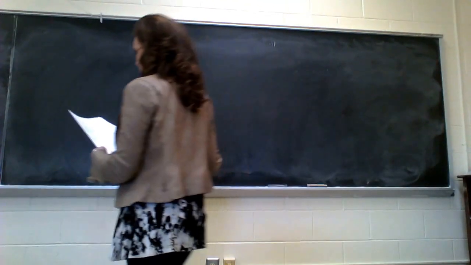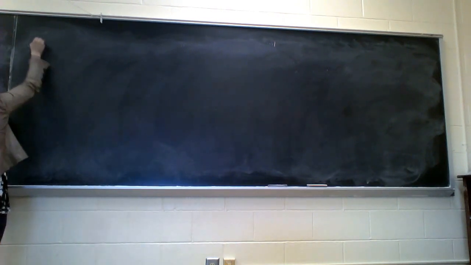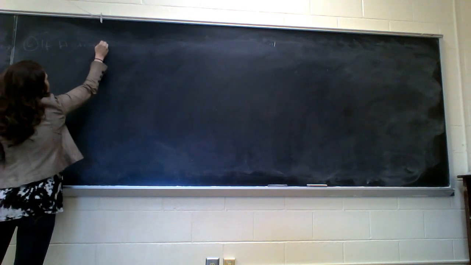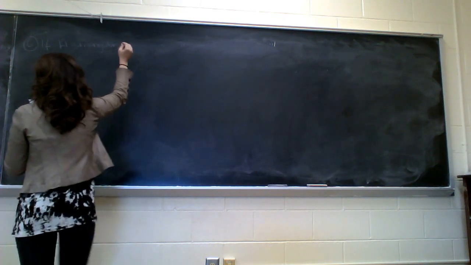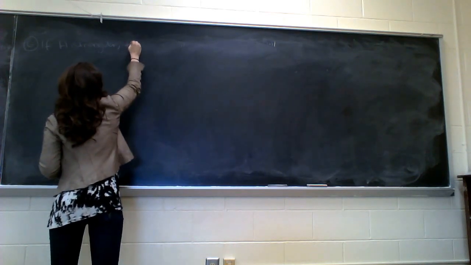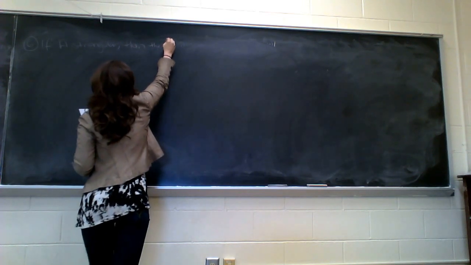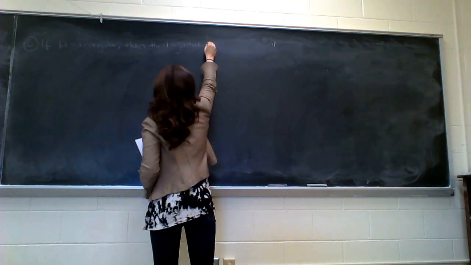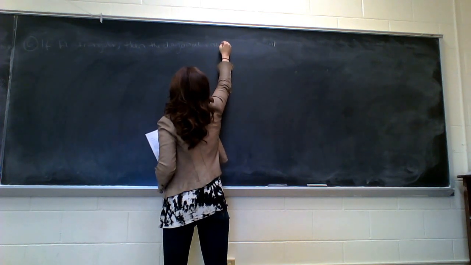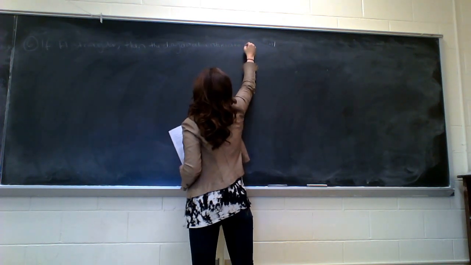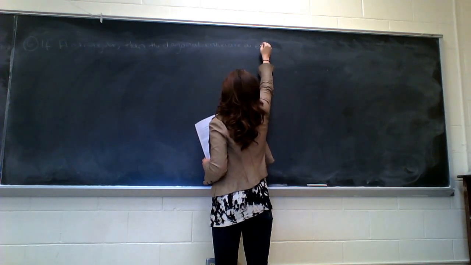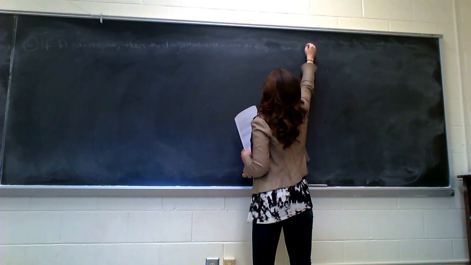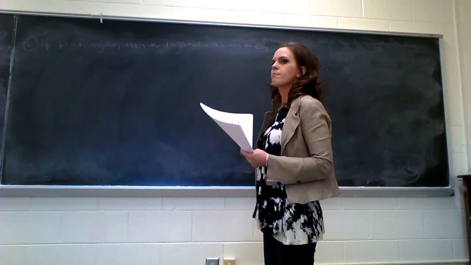All right. The next property is if A is a triangular matrix, then the diagonal entries are the eigenvalues of A. So it doesn't matter if it's upper or lower.